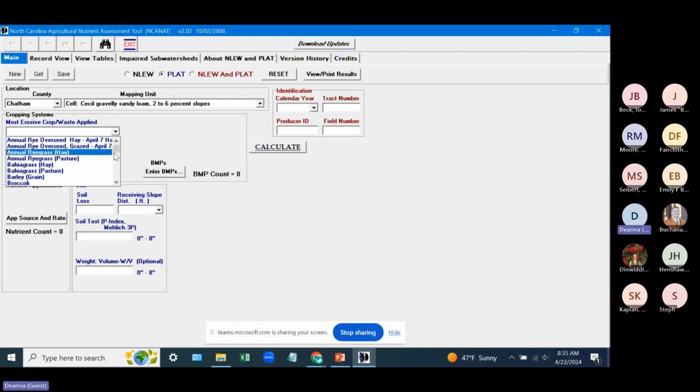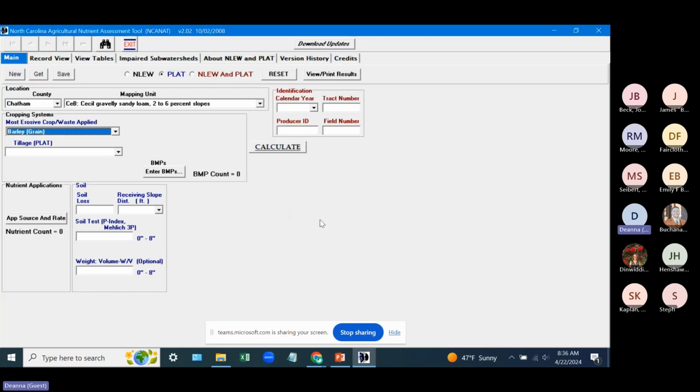Now, one of the things about PLAT is that we developed it so that you had phosphorus loss from erosion, phosphorus loss from soluble sources, which means picking up plant material or picking up animal waste or picking up soil test phosphorus from the runoff that goes across the soil.